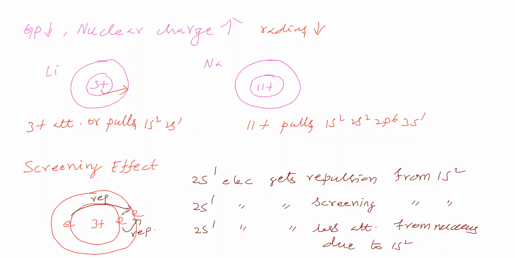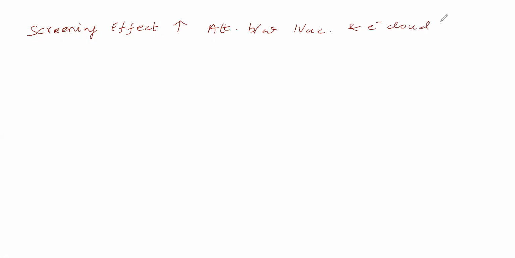Therefore, the distance between the nucleus and this electron increases, so attraction decreases. As the screening effect increases, attraction between the nucleus and the electron cloud decreases.